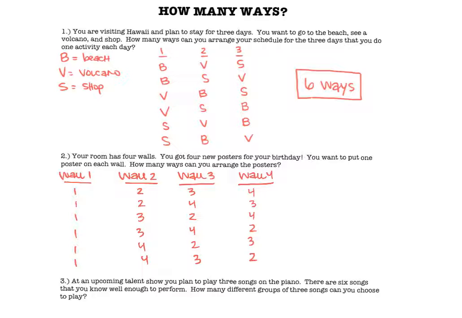And if you find a pattern, you're welcome to use that pattern to help you draw some conclusions. In other words, I might not need to list out all of the possible ways if I start seeing a pattern. However, before you can decide that you have a pattern, you do have to confirm that pattern works, okay? So you have to prove that pattern works. So I can't develop a pattern already, but maybe after I put poster 2 on wall 1, maybe then I would start seeing a pattern.